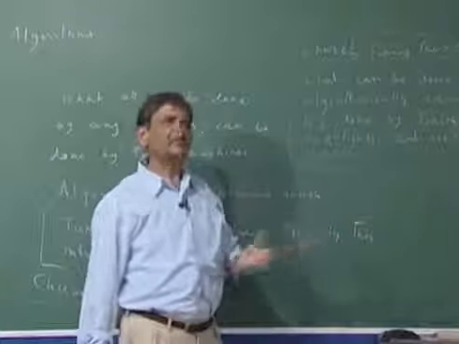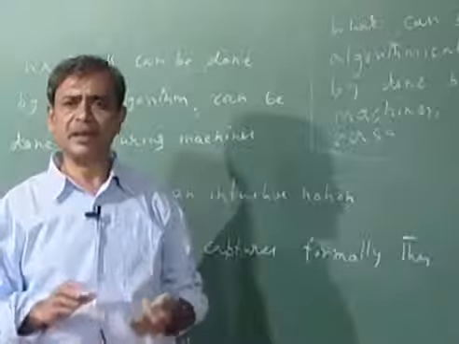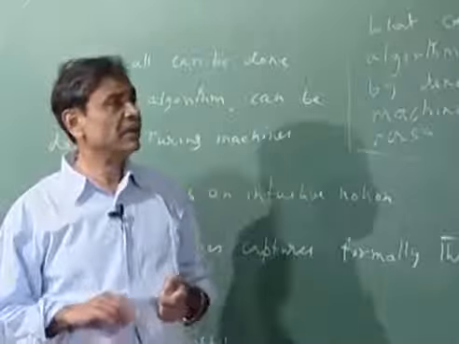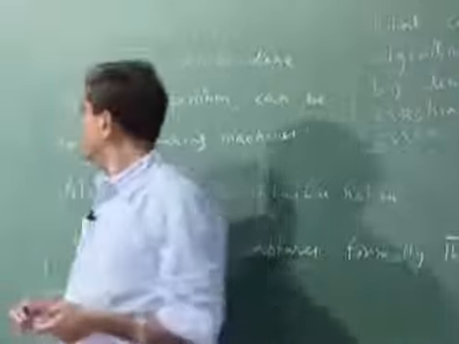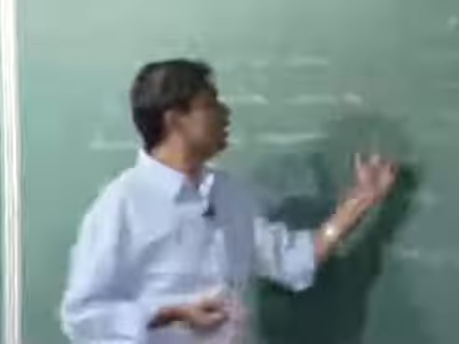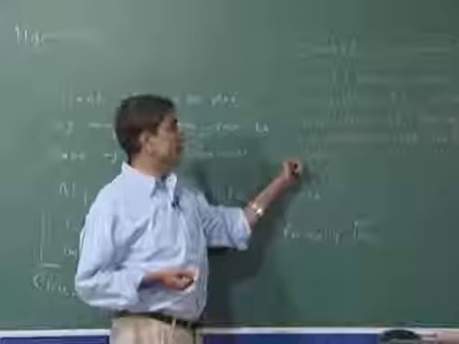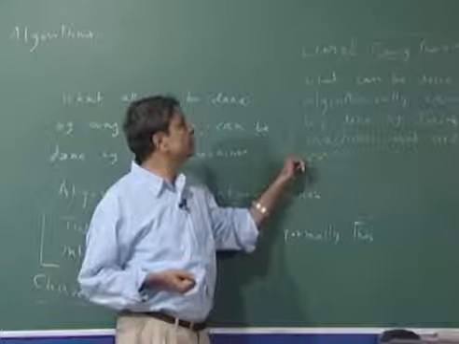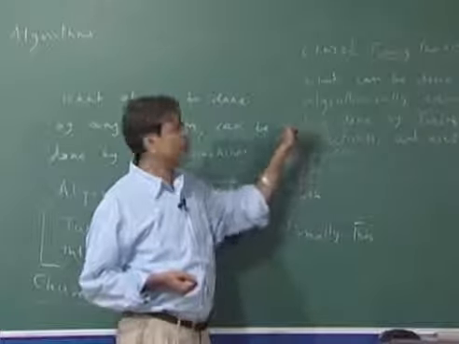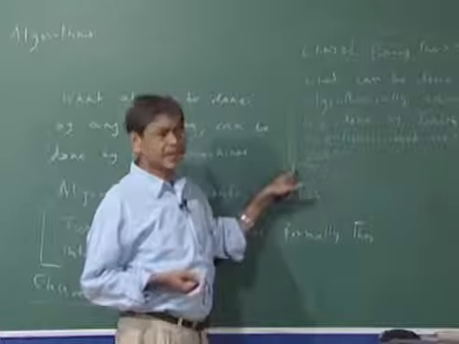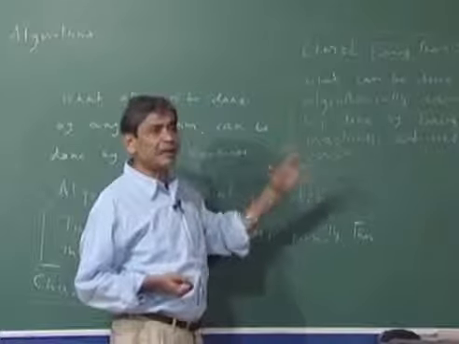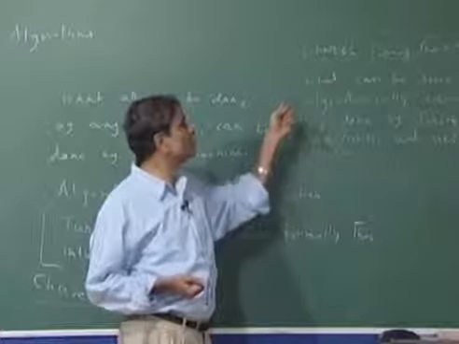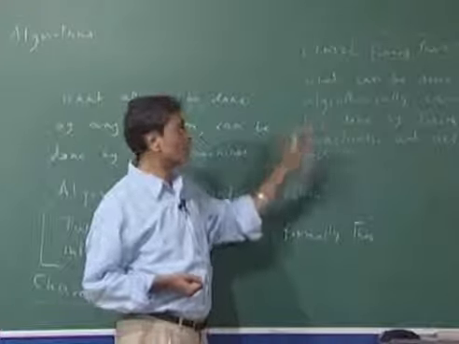And since then, of course, there have been some attempts by mainly philosophers of science, logicians, to very elaborately and very critically examine whether this thesis is correct, in the sense that maybe there are algorithms which could not be performed by Turing machines or vice versa.